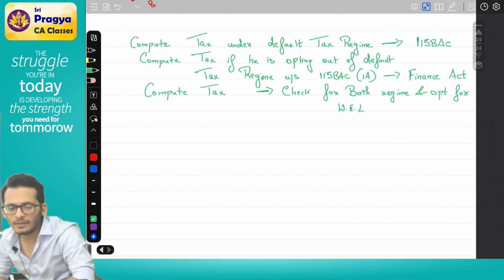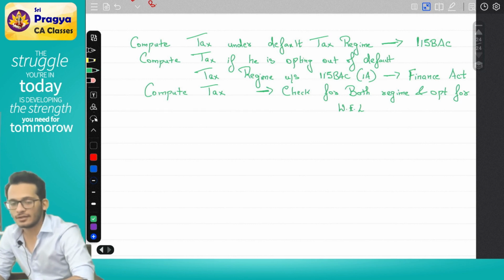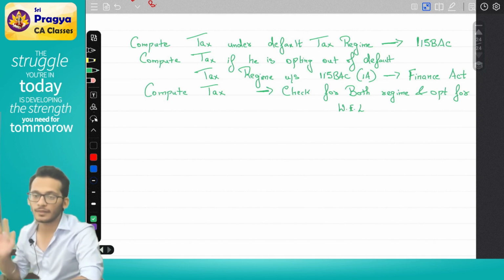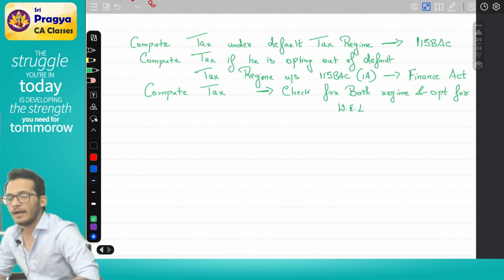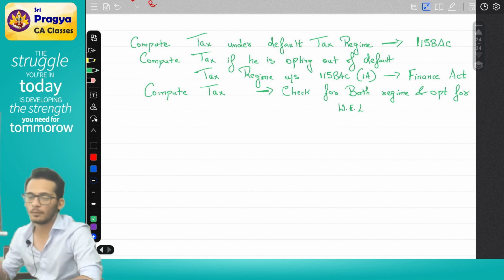You may not be tested on individual taxation, like I told you. But individual taxation is still there in your syllabus for double taxation relief. And I told you this regime is applicable even if you are a non-resident. So on double taxation relief, you will have to be extremely careful about both the regimes.